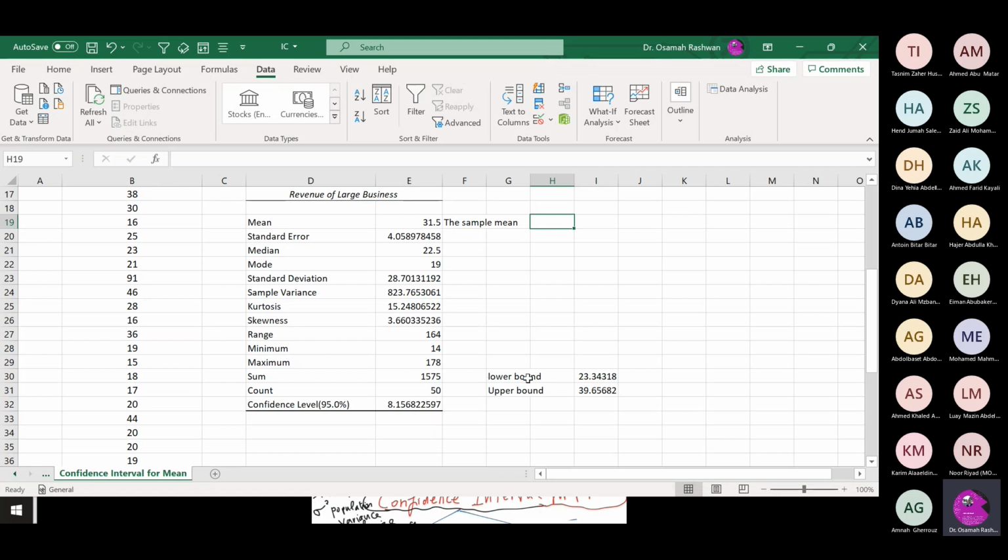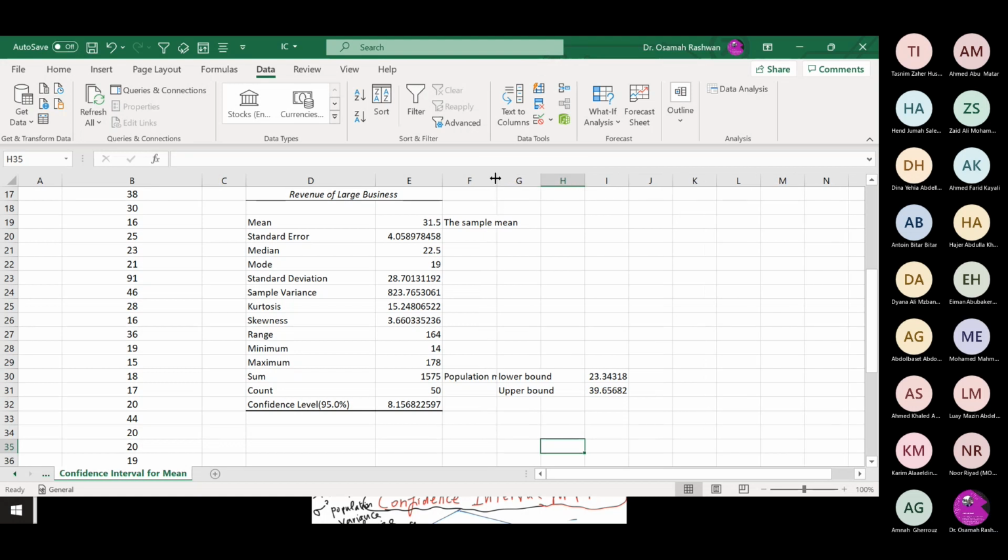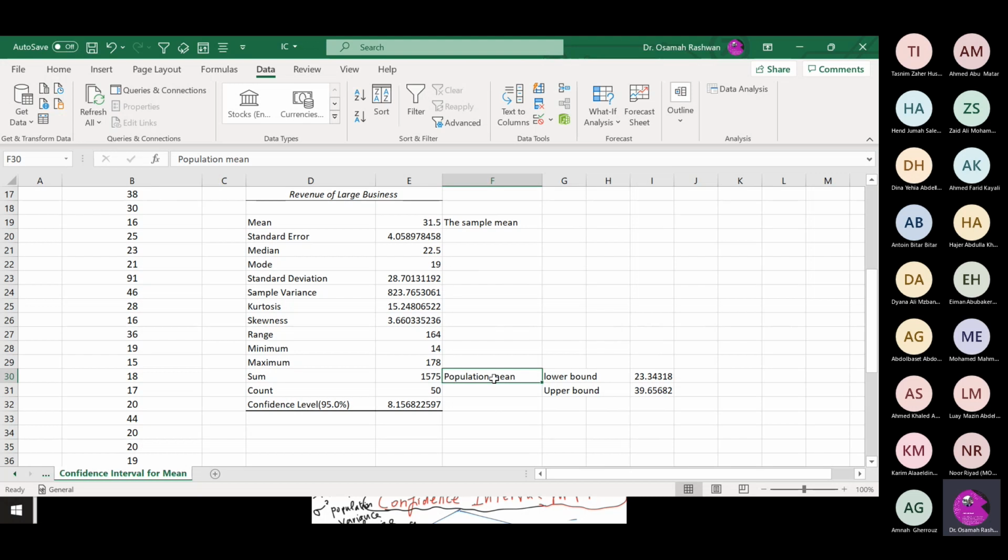And this is the lower bound for what? The population mean. Population mean lower bound, right? And the population mean upper bound is this one, right?